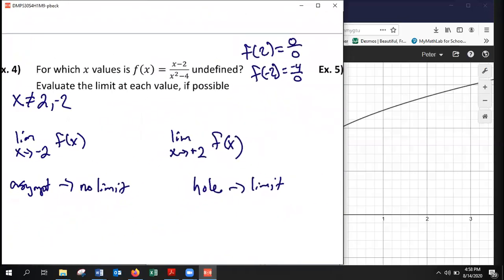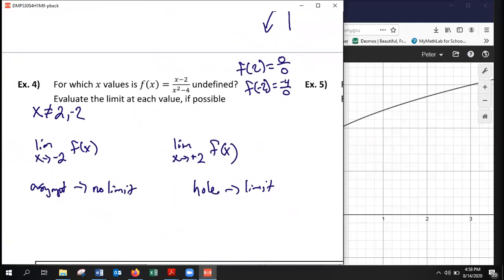The next question I asked everybody is, for what values of this function is f of x undefined? And it's pretty clear that we came up with the two x values of x equals 2 and x equals -2 pretty quickly. If x equals 2, then we end up with a hole in the function. And the hole in the function means that we're going to have a limit. Now that hole in the function occurs mainly because we have 0 divided by 0.